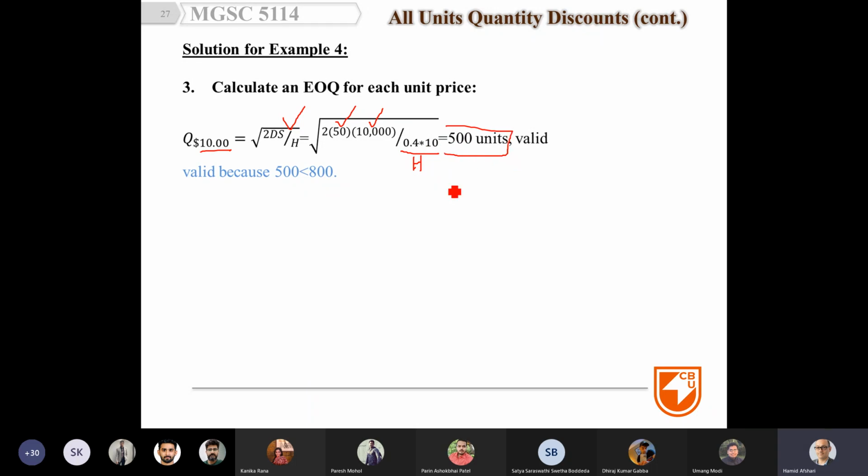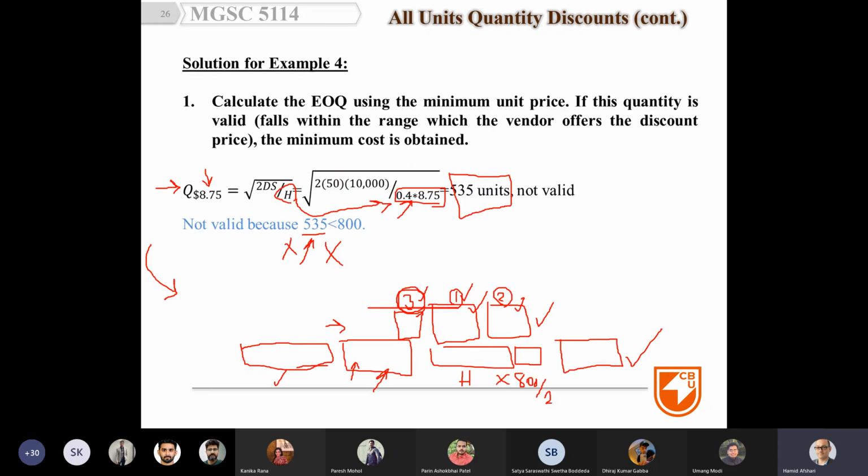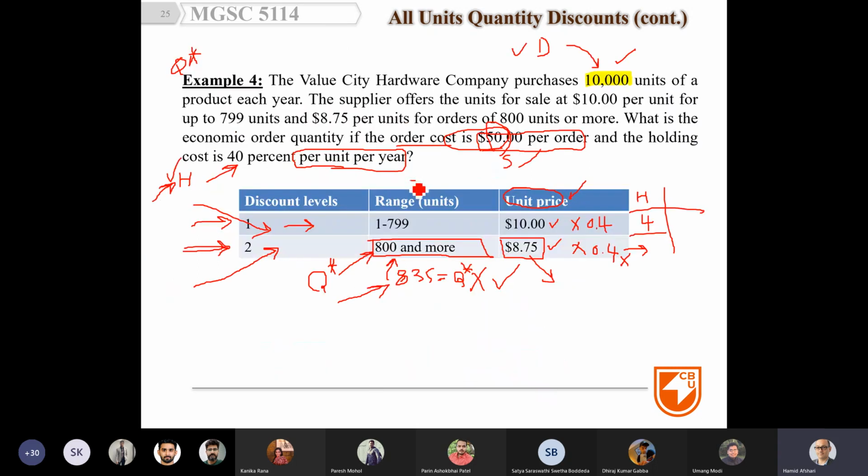500 units. Okay, is 500 units valid? How to know that? If I go back, is 500 units a number between 1 and 799? Yes or no? Yes, it is valid. Okay, so good. If it is valid, what should I do?